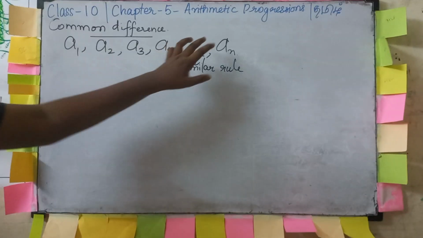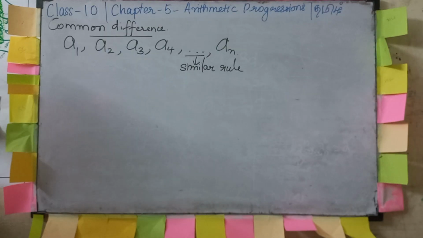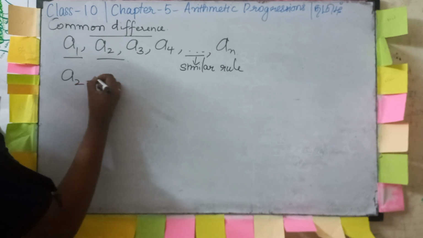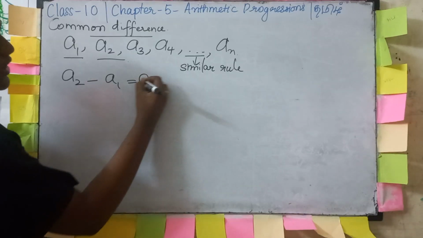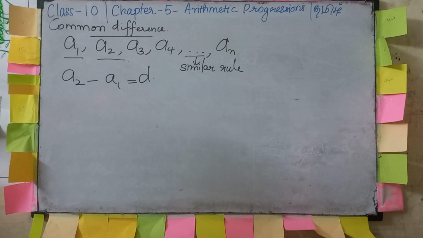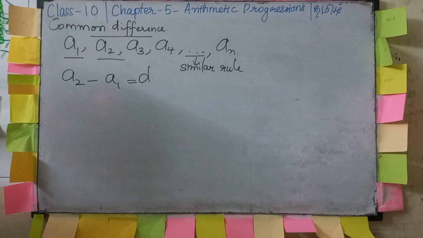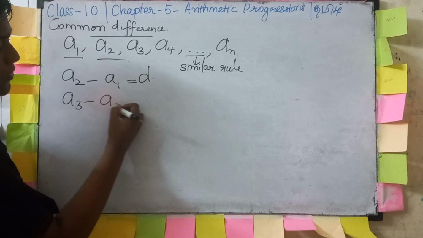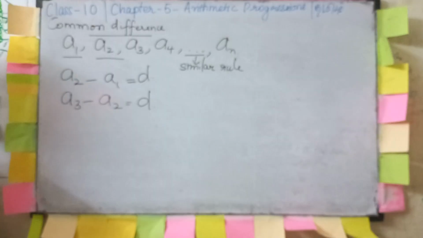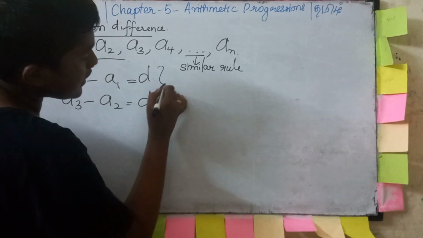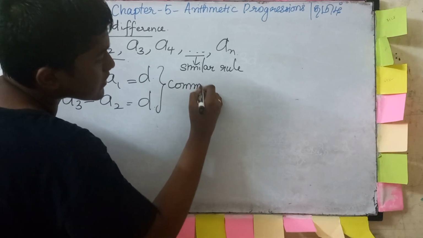So if you subtract any 2 consecutive terms of an AP, you will get the same number. This number is known as the common difference. This D is known as the common difference.